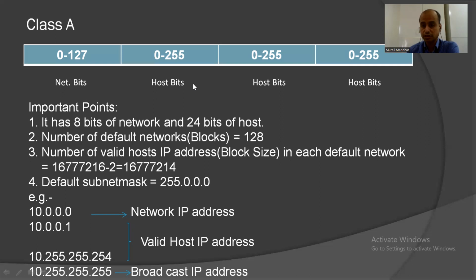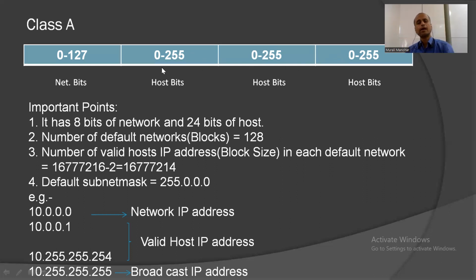Now, the number of hosts in this network. If you are forming one network in class A, in a single network you can attach 16,777,214 computers, nodes. How is it possible? Just multiply these three values. 0 to 255 means the total value is 256, and the same 256 and 256.